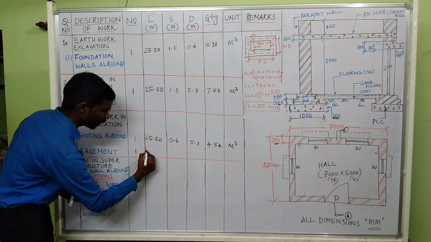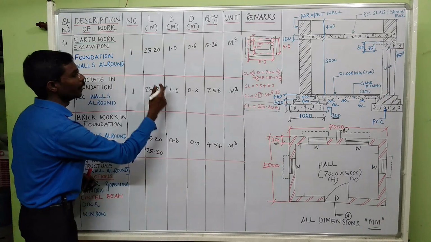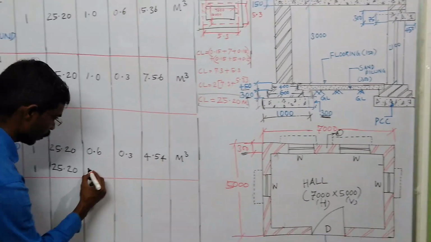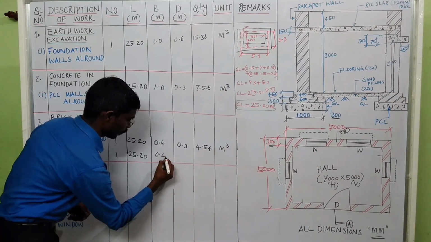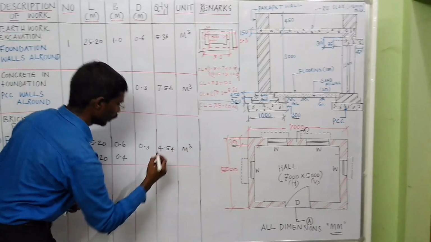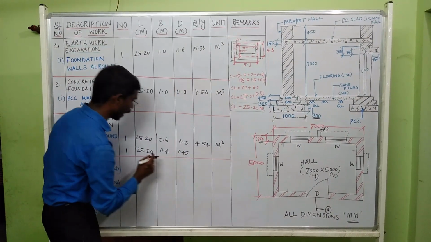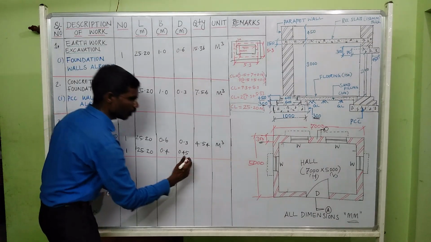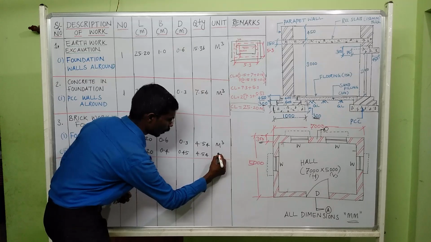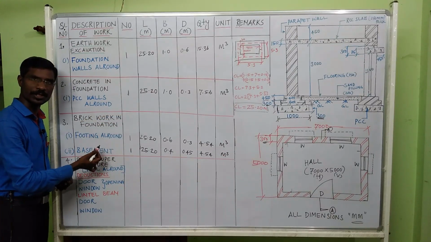The length of the basement around wall is 25.2, the breadth of the basement 400 mm, the height of the basement 0.45, that is 450 mm. So calculate these three values, you will get 4.54 m cube. So now we have completed brickwork for foundation.